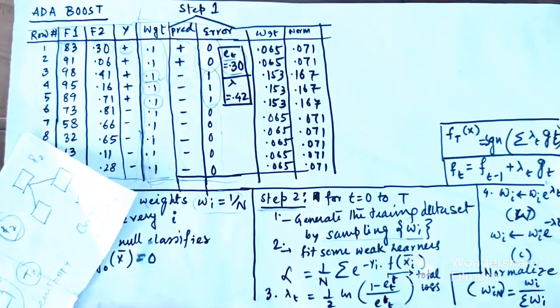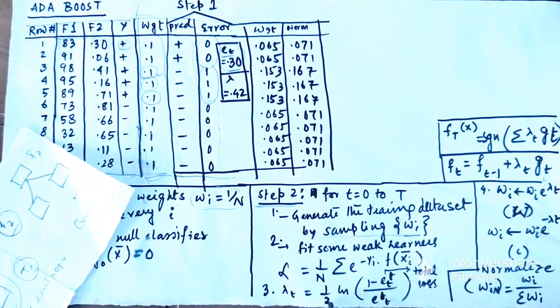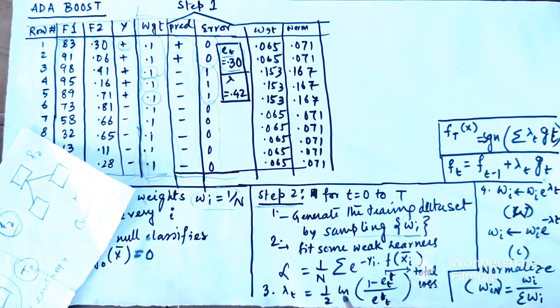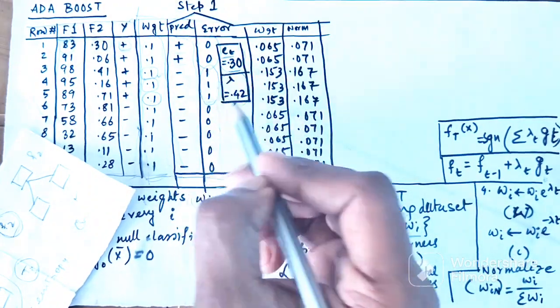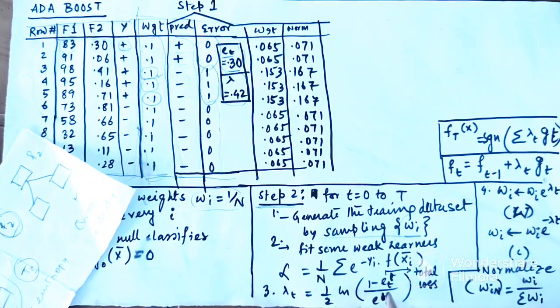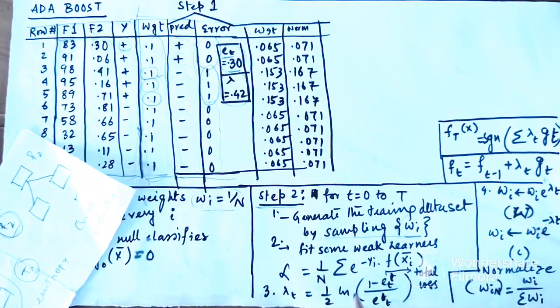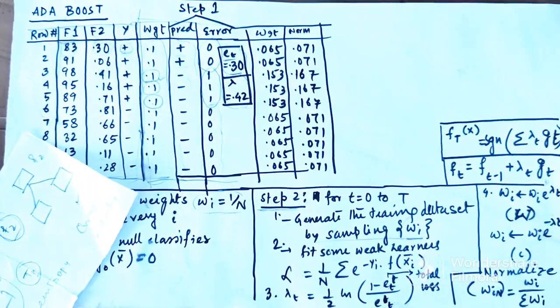And what is lambda? Lambda is equal to half into ln of (1 minus total error) divided by total error. From here you can compute lambda: with ET 0.3, it is half times the log of (1 minus 0.3) divided by 0.3. This is your lambda, correct?